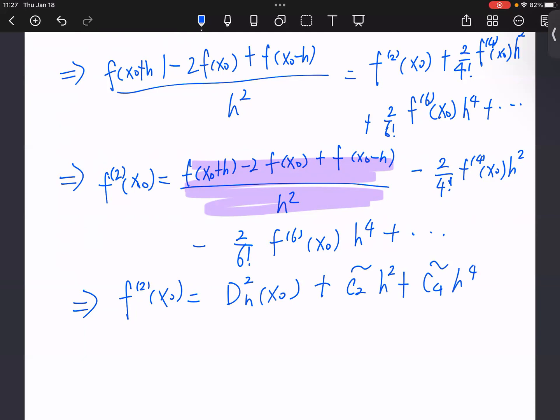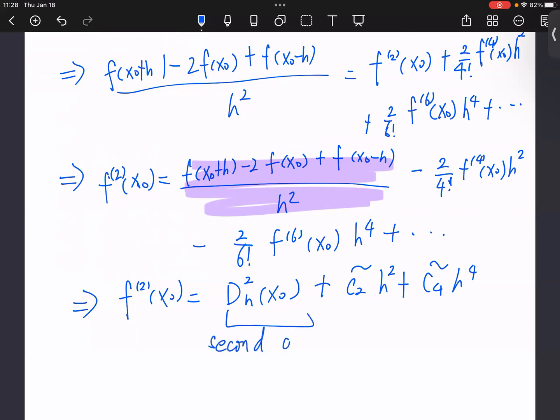I'm using the same system, but I use the tilde here to represent another constant, which is different from the constant we used here. So this is one constant times h squared, plus another constant times h to the fourth.